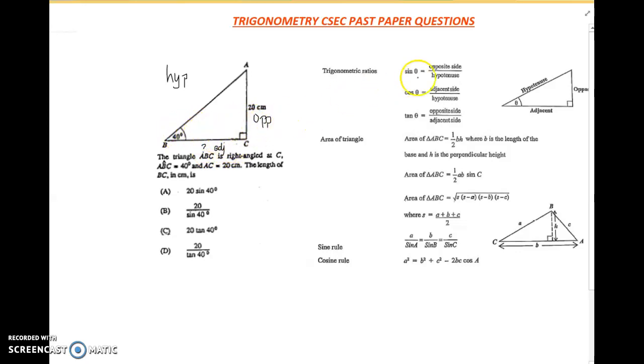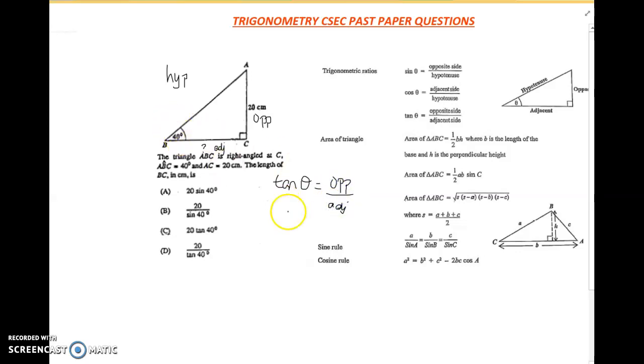So we need to know which ratio we're going to use. We have the opposite side, and we want to find the adjacent side. You need to look and see which of these rules uses opposite and adjacent. If you look carefully, tan uses opposite and adjacent. So tan theta is equal to opposite over adjacent.